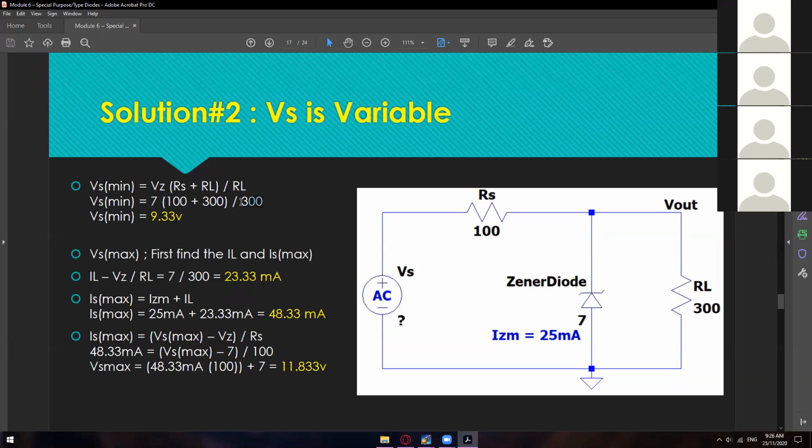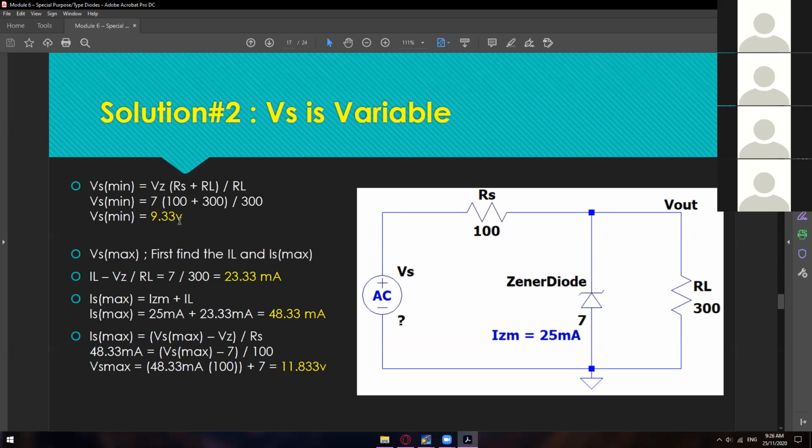Just do the math and you will get 9.33 volts. So the minimum voltage that will still be accepted, which will make this Zener diode work under Zener breakdown voltage, is 9.33 volts.